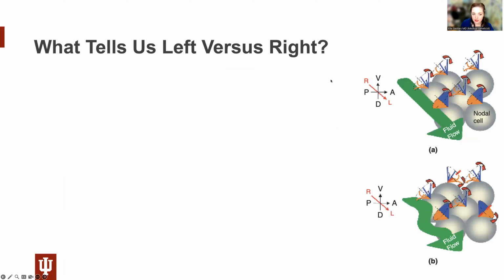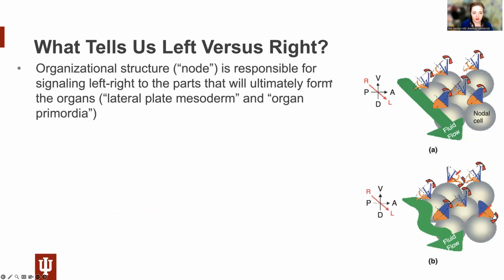And so to go into that a little bit more specifically, we have an organizational node that's responsible for signaling all of the left-right to the different parts that are ultimately going to form the organs. We call those the lateral plate mesoderm and ultimately the organ primordia. And so those terms aren't important. The concept that there is an organization structure that messages is important.